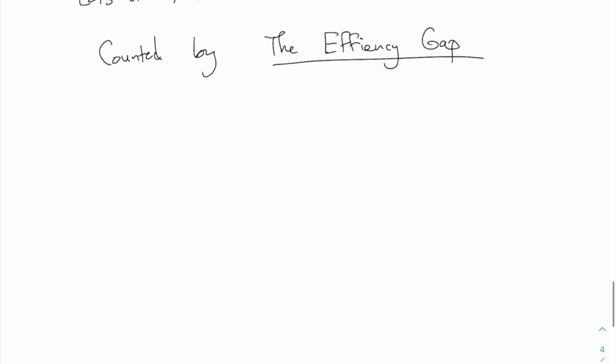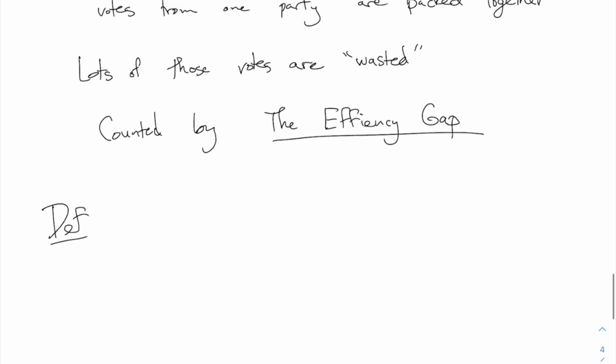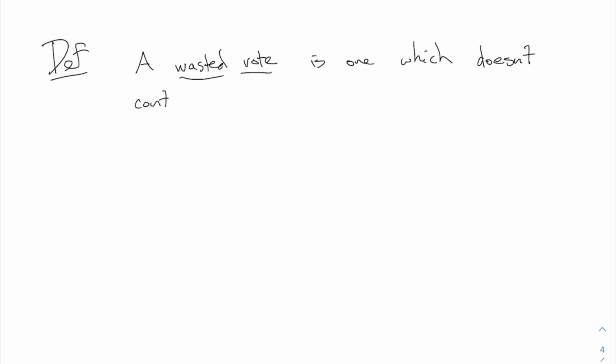All right. Let's try a specific example. I'll give you some definitions here. What it's all about is counting up wasted votes. And here's the definition of a wasted vote. A wasted vote is one which doesn't contribute to the winner's win.